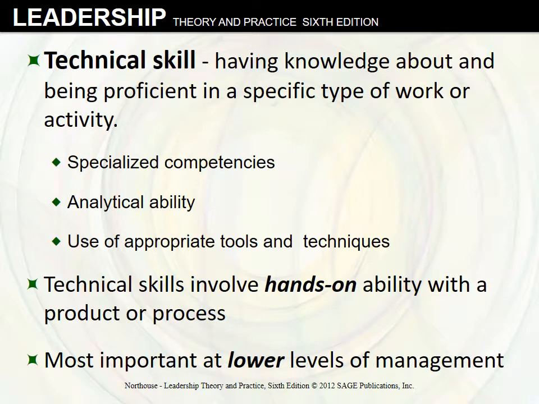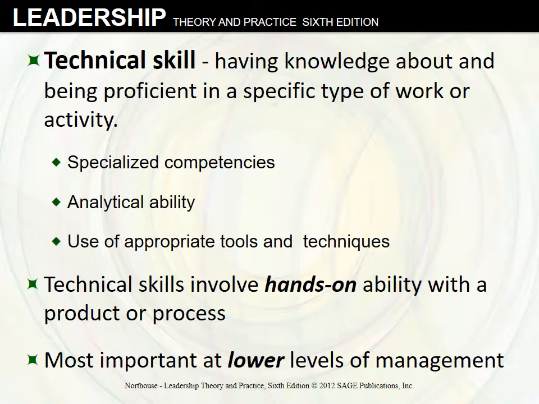So technical skill is pretty much just what it sounds like, right? You're good at a particular technical job. You have a set of competencies, and you're able to apply them to a problem at hand. And typically we would think of this as hands-on ability. And so often we're talking about a working supervisor. So a great example is a foreman at a construction job site.